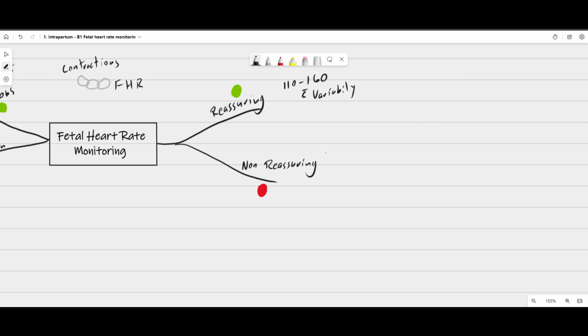With our non-reassuring, essentially anything outside of that range, so less than 110, greater than 160, so bradycardias or tachycardias with little or no variability.